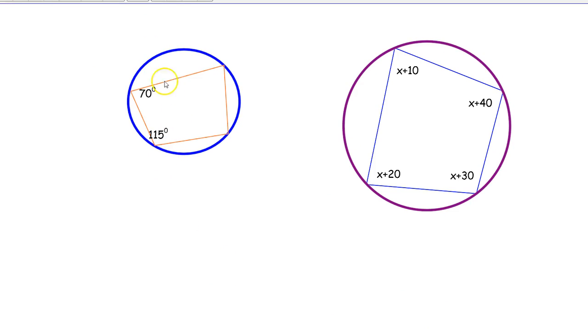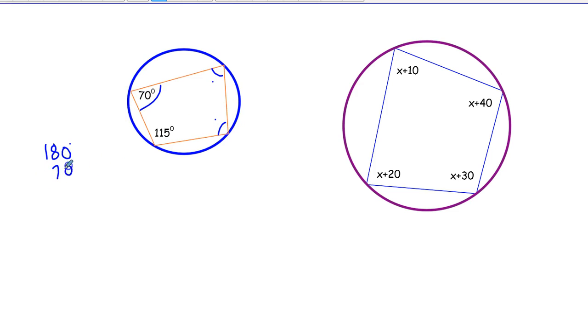Now let us work out these two problems. Here we have a circle and two angles are given to us, and our task is to find the remaining two angles, the third and fourth angle. Now you already know that this is a circle and two angles are given. If this is 70 degrees, the angle opposite to that, you know that those two opposite angles are supplementary, hence its measure must be how much? The total is 180 degrees because of the supplementary angles.